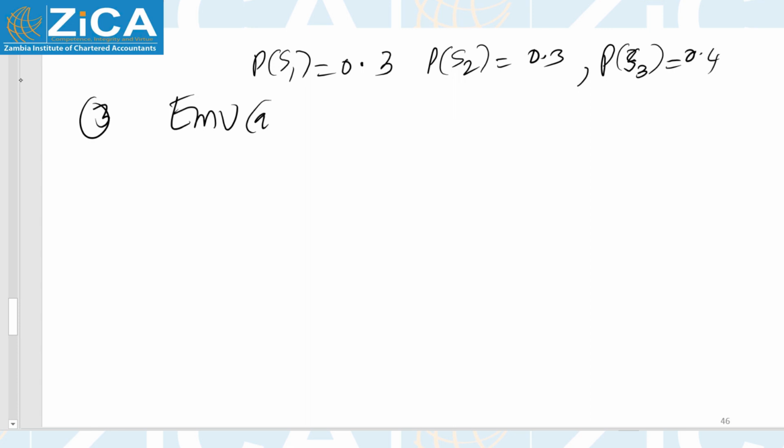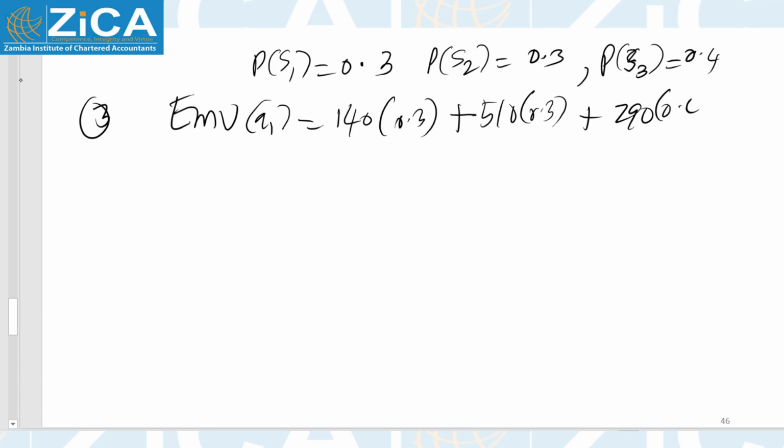So the expected monetary value of A1 will be equal to 140 times 0.3 plus 510 times 0.3 plus 290 times 0.4.